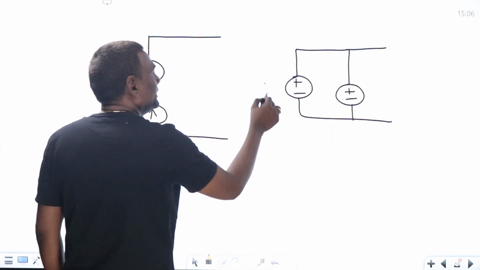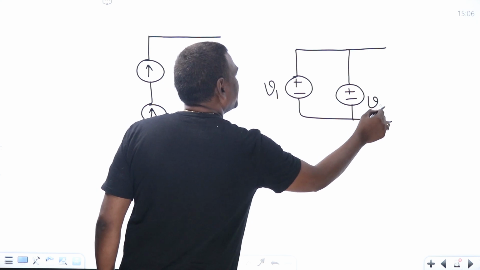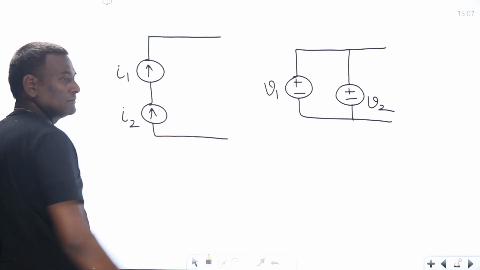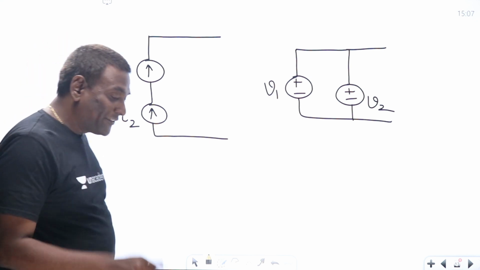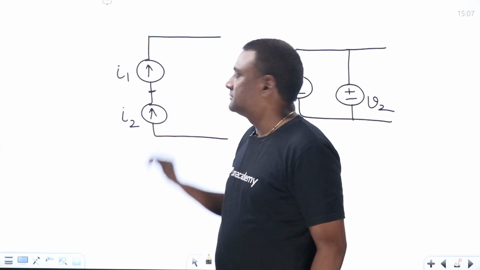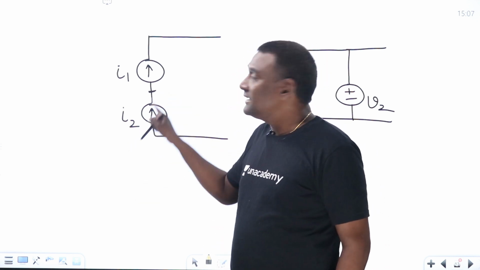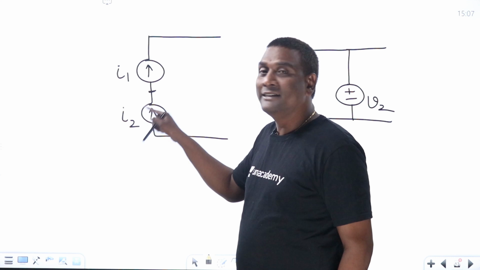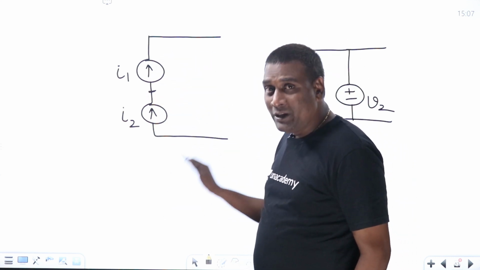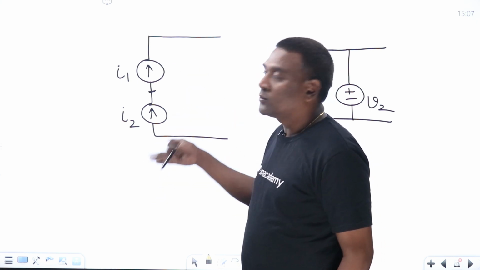Then what will happen if this is V1, this is V2, this is I1, and this is I2? If I1 and I2 are different, obviously KCL is going to fail here, right? Because I2 current is entering, I1 is coming out. How is it possible? It is possible if and only if I1 equals I2.